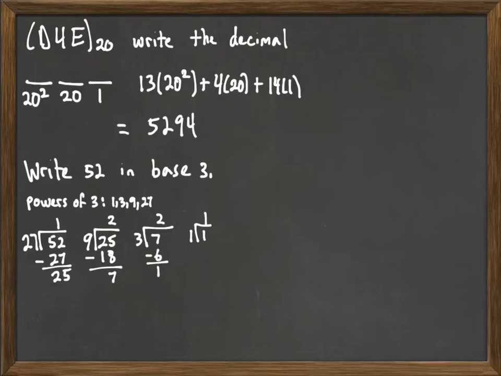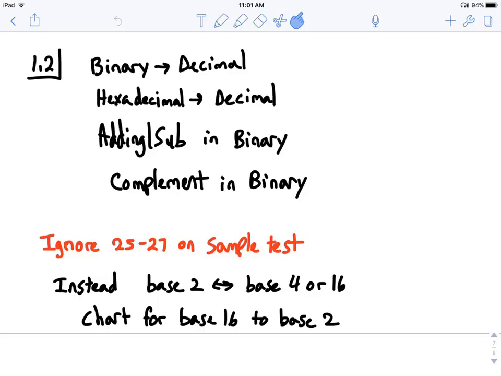And now we have our place values, so we just write it out as 1, 2, 2, 1 in base 3. And so that's what we did with converting from decimal over to some other base, or from that base over to decimal. And then in the final section, 1.2, we also did some more problems.